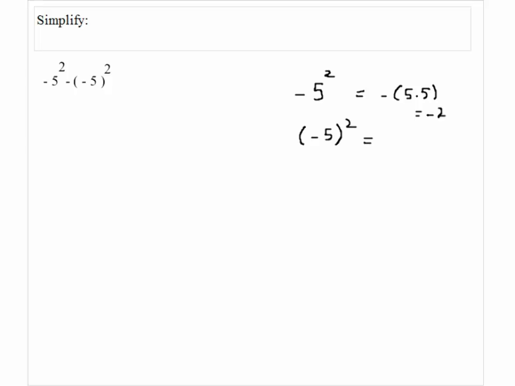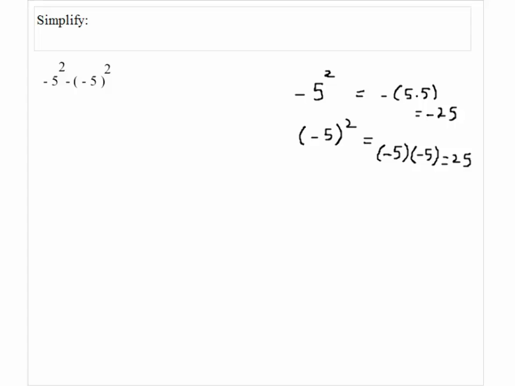-25. The second one, the base is -5, so we multiply -5 by itself 2 times, and we would get +25. So if you want to include the negative with the exponents, you have to surround it by the parentheses.